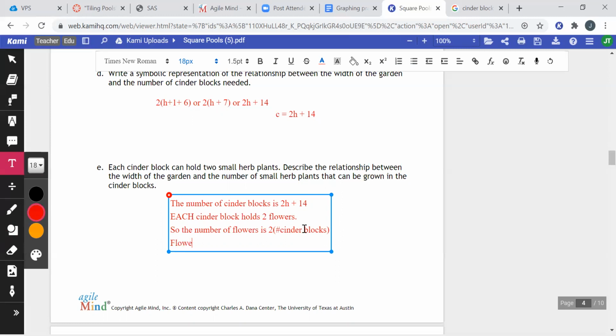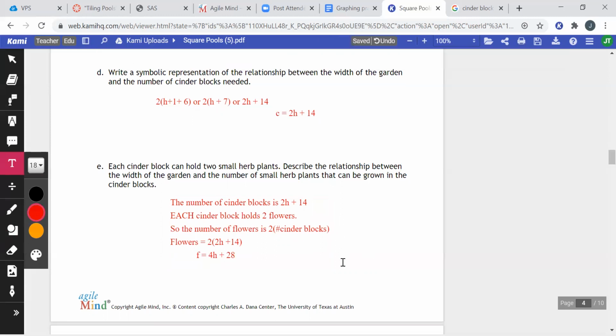Flowers equals 2 times (2h plus 14), which if you distribute, F equals 4h, because 2 times 2 makes 4, plus 28. That's the answer I would write for that one.